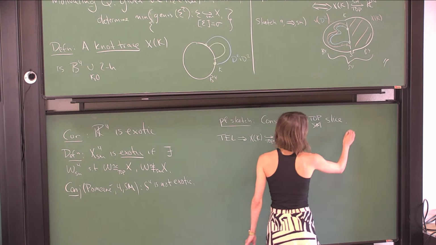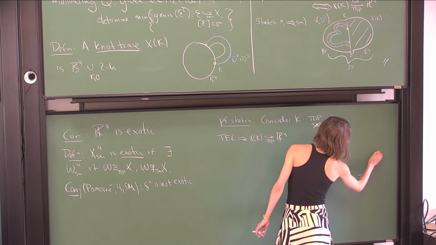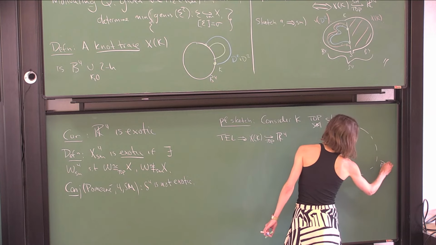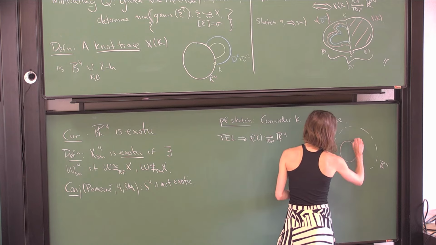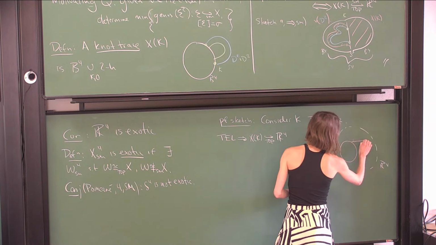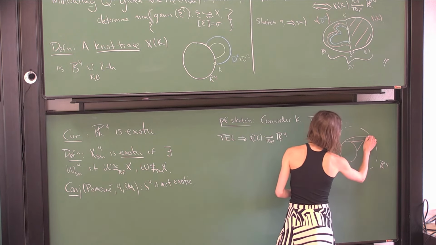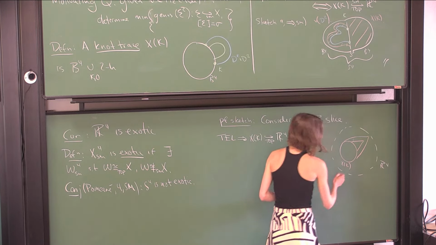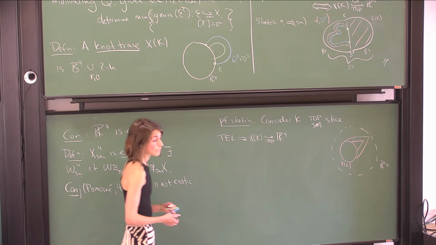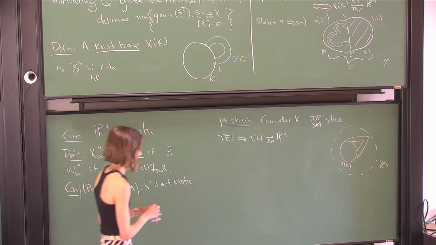So let me get a picture of that going. Here's R4, dashed to remind you that it's not compact. And we have our trace in here somewhere. And I'm drawing my trace with sort of a point to remind us that this is just a topological embedding. Okay.